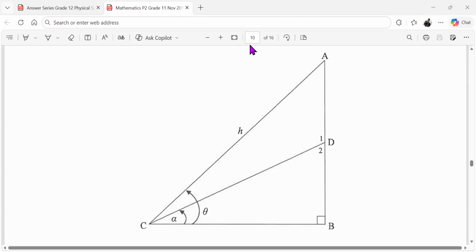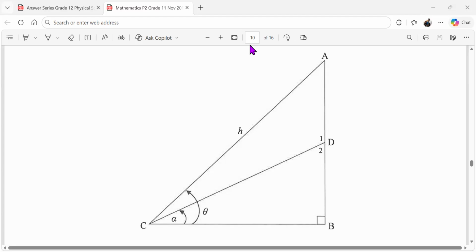Now here we can see we have three triangles in total. We have the big one, which is a right-angled triangle, ACB, or ABC rather. Then we have another right-angled triangle, which is BCD. And then we have an ordinary triangle, an obtuse triangle, which is ACD.